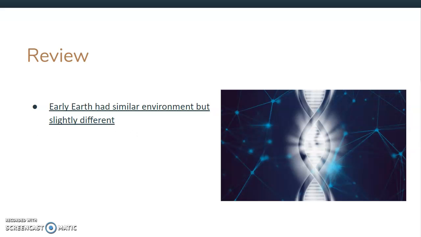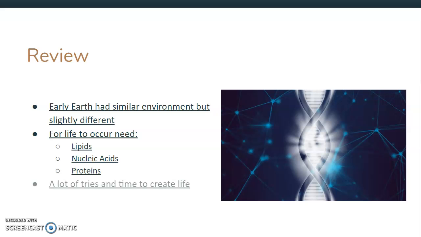So our review, just to go over the whole lecture, we had a lot of information, but to simplify it down, we had early Earth, which was very similar in environment to today, but different in a handful of ways. We needed three things for life to occur. We needed lipids, we needed nucleic acids, and we needed proteins.